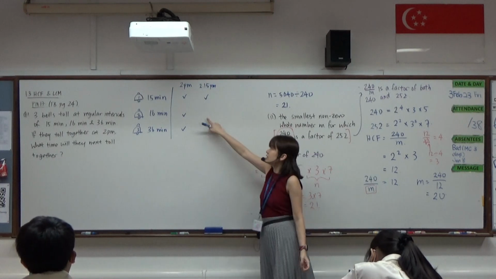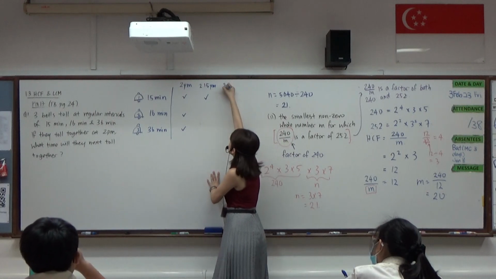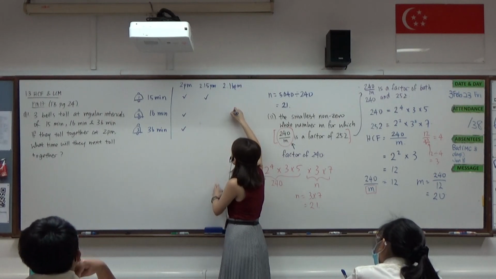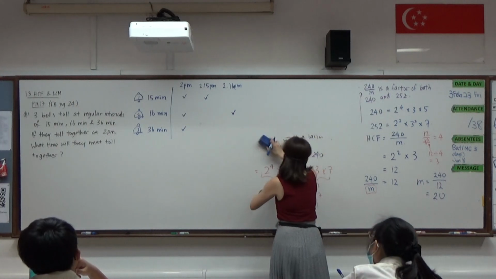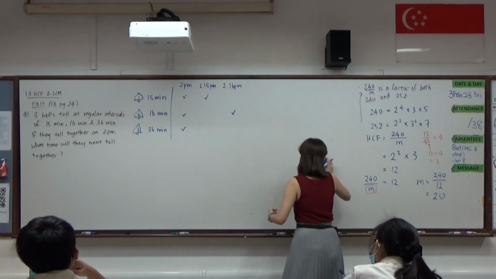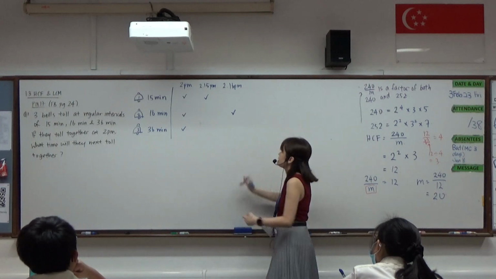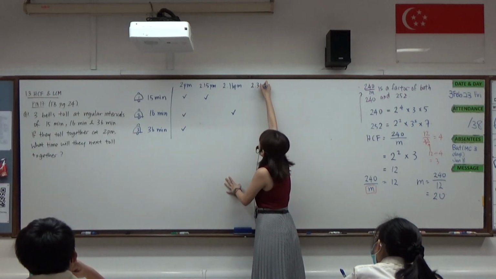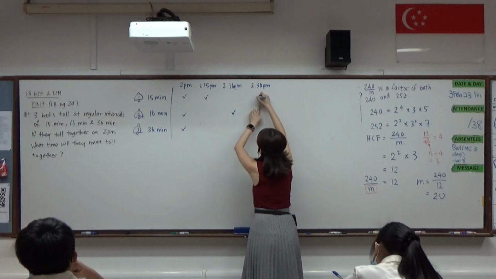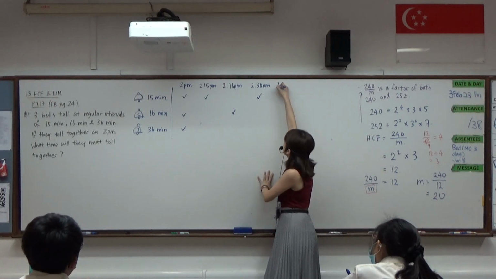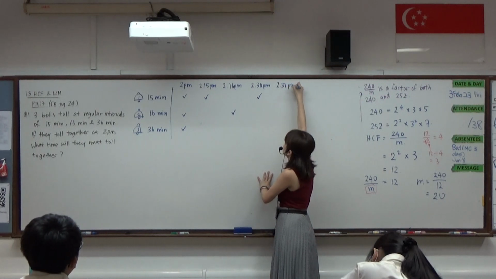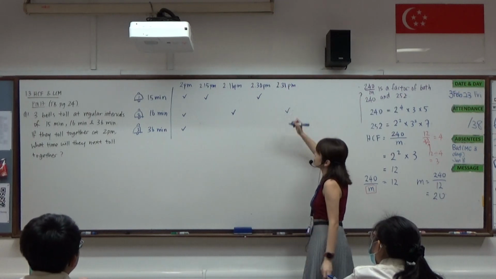What time does the second bell ring? 2:16. Amazing. And then, what time will another bell ring again? 2:30, right? Why? Because this bell will ring again. And then 2:31, this bell will ring again.